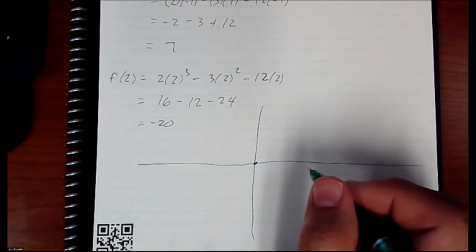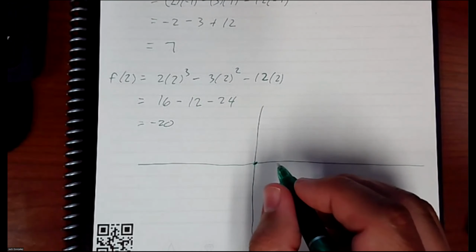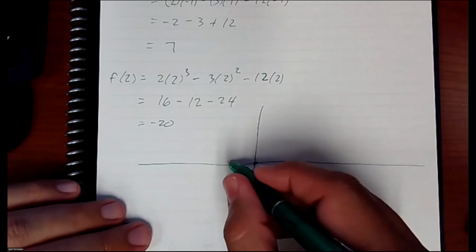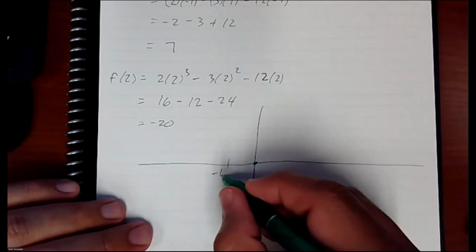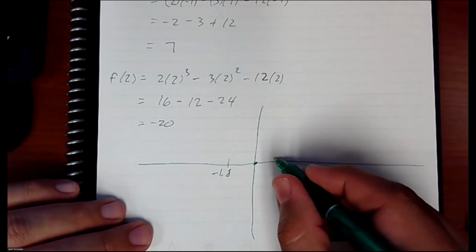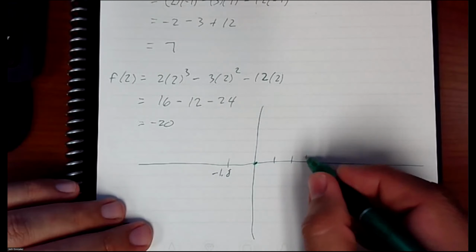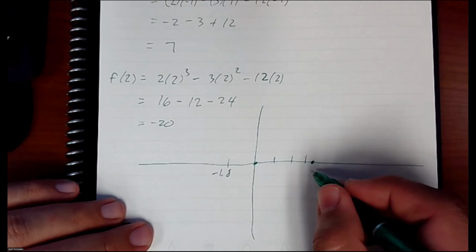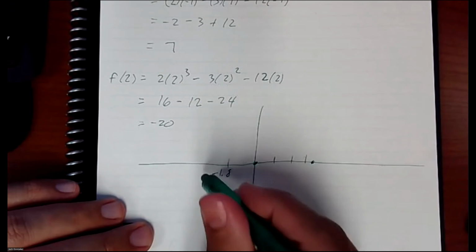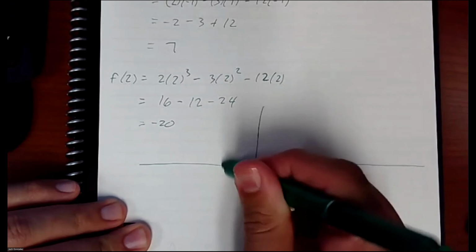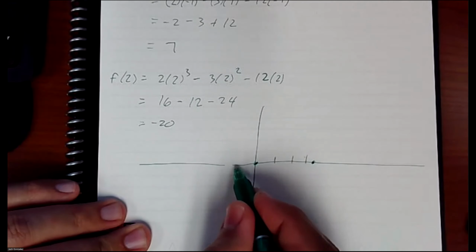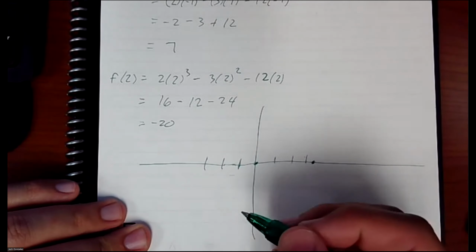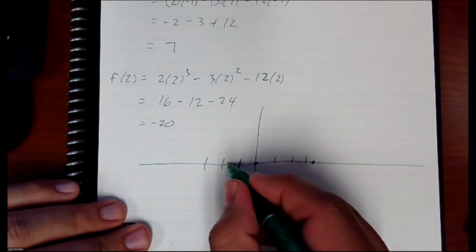We have an intercept at 0 and -1.8 and 3.3, which is about here.